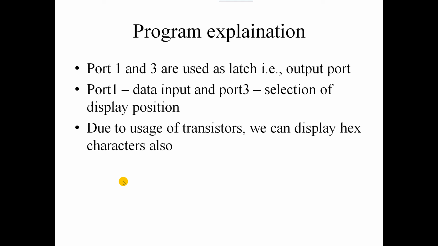The port number 1 is going to be used for selecting the data input, and port number 3 is being used for selection of the display position, because we are going to have the rolling display of this particular 7 segment LED segments of 8 7 segment displays.